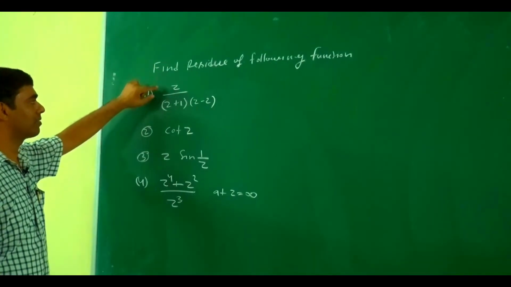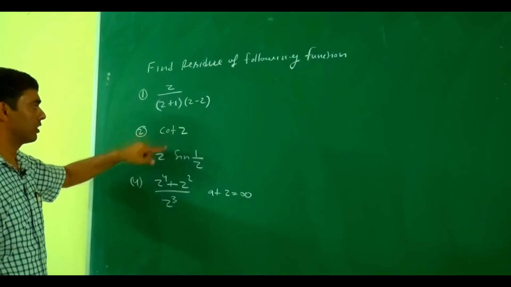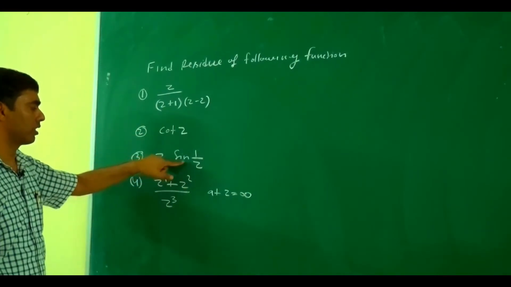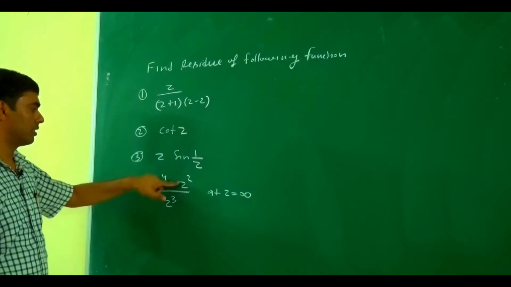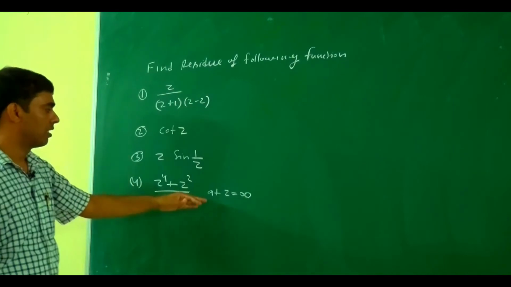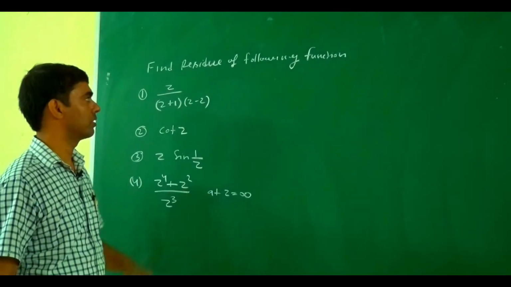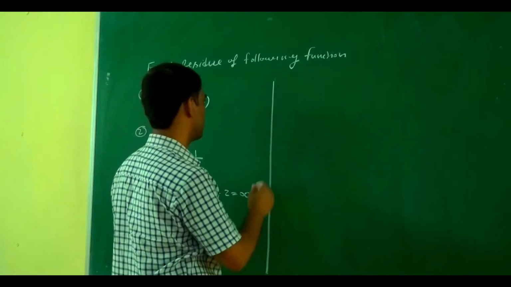The first function is z divided by (z plus 1)(z minus 2). The second function is cot z. The third is z into sine 1 by z. The fourth is z to the power 4 plus z square and z cube divided by z cube. Here we find the residue at z equal infinity, one by one.